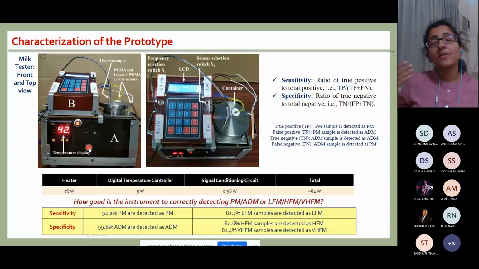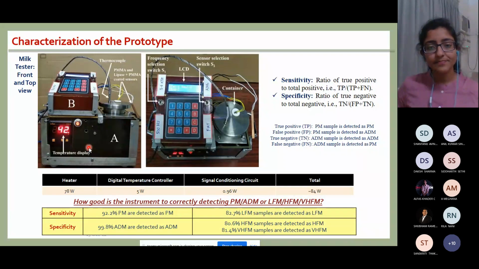For this validation, we found that the Milkoscreen doesn't have any specific heating system for the milk. Heating is mainly done for maintaining homogeneity in the milk.